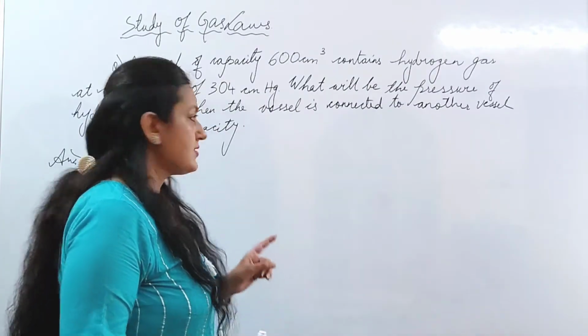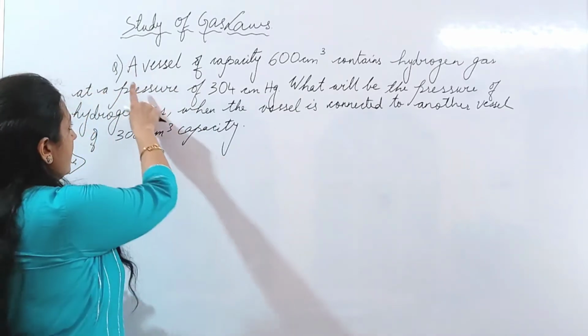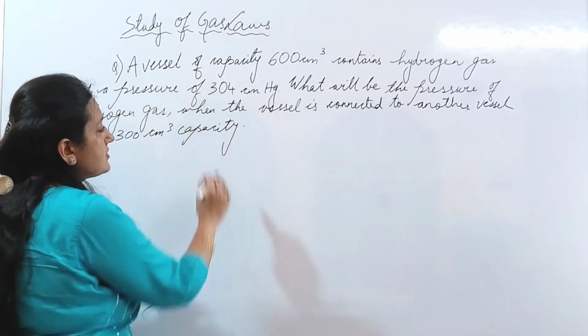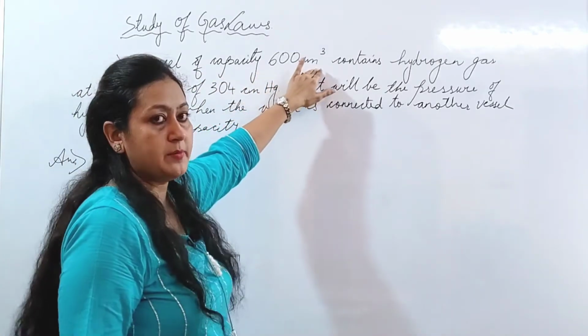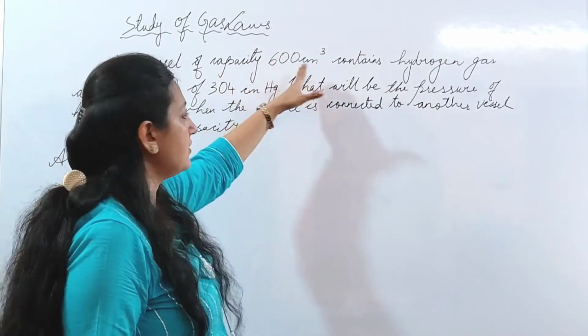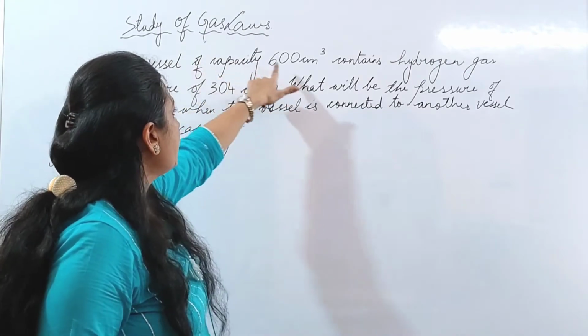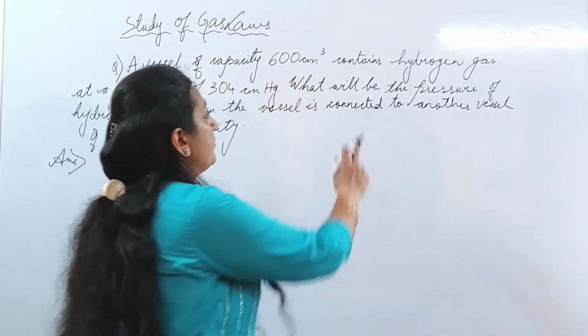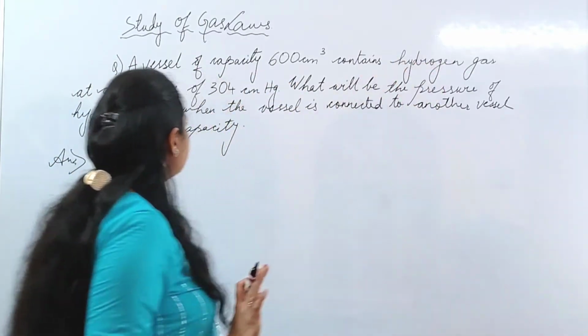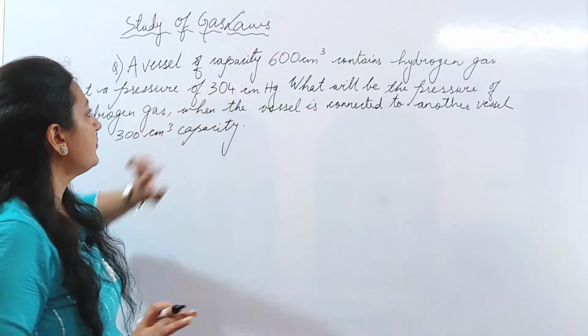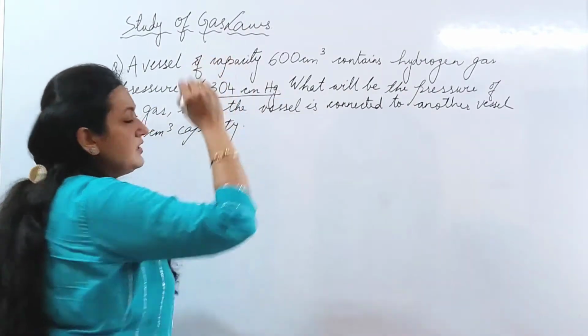Now let us look at the second question. The second question is, a vessel of capacity 600 centimeter cube. That means capacity of 600 centimeter cube means the volume. A vessel of capacity 600 centimeter cube contains hydrogen gas at a pressure of 304 centimeter Hg.